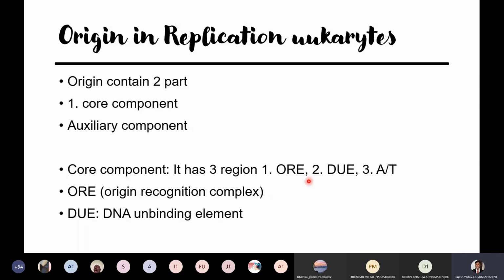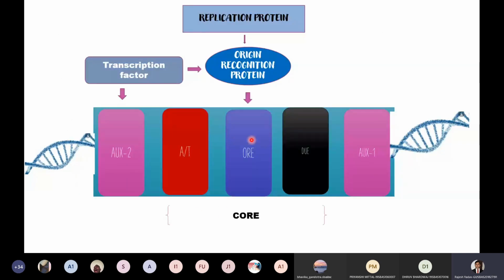If we combine these regions, that is a core component, and that is an auxiliary component. The auxiliary component is also divided into two parts, auxiliary 1 and auxiliary 2. As in the previous slide we have seen, the core component is made up of the origin recognition element, DNA unwinding element and AT rich region. So this is the core component and both of these are auxiliary components.